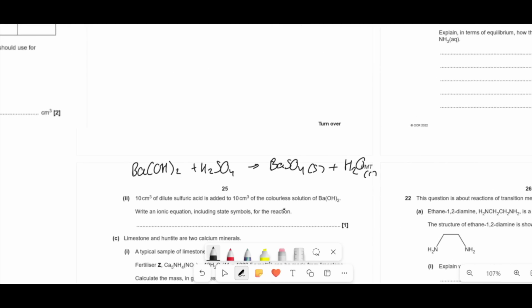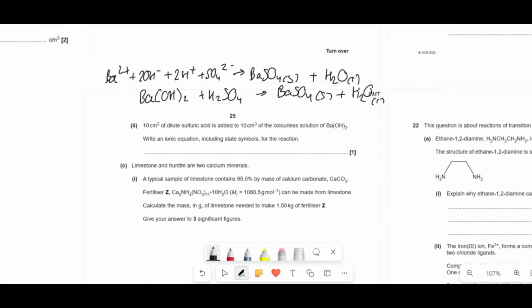Now if we're going to do an ionic equation, let's just break this into its ions. So we're going to have Ba2 plus, 2OH minus, plus 2H plus, SO4 2 minus, goes to BaSO4 solid, because they're now solid as ions, and then H2O liquid.